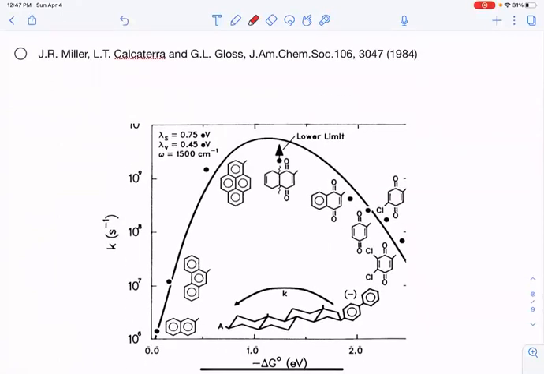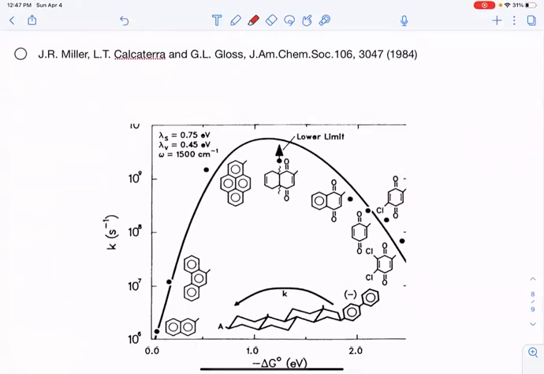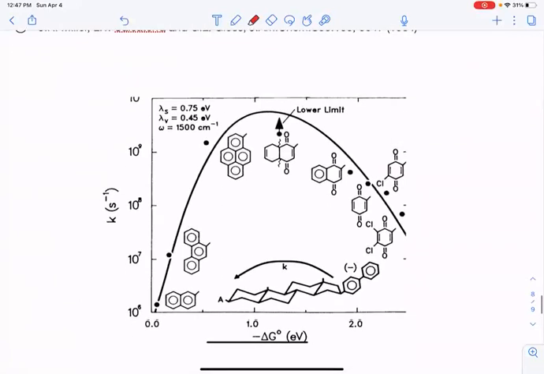This is a foundational set of experiments on intramolecular electron transfer from Miller, Closs, and co-workers, where they studied a system of conjugated molecules. This one in particular is a little bit better than typical ferrospheric electron transfers, showing that indeed there is a turnover in the rate as I increase the driving force for the electron transfer.